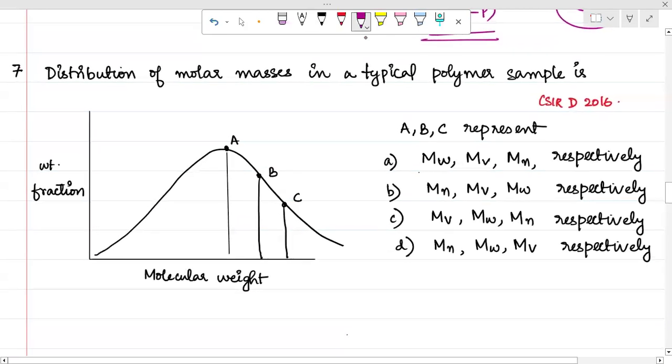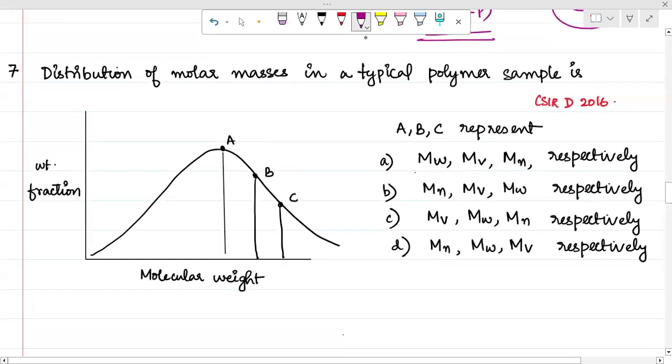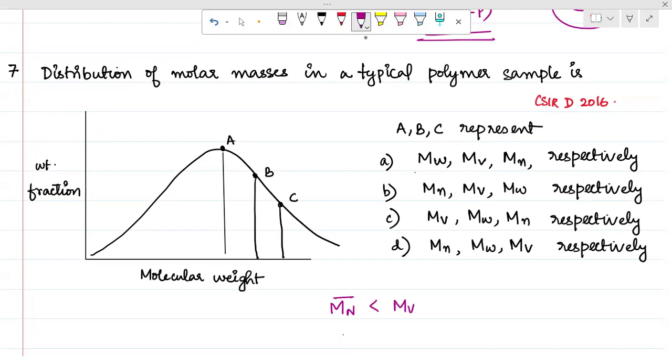Next, easy peasy question. Distribution of the molar masses in a typical polymer is always along the molecular weight. Our lowest one will be Mn, then comes Mv, then comes Mw, and then Mz. So Mz though is not asked.